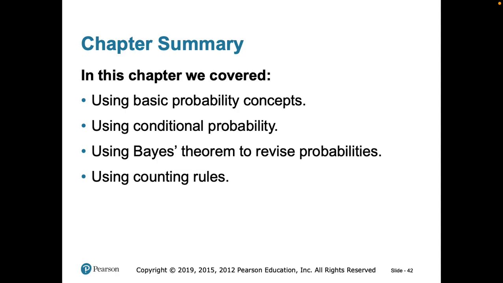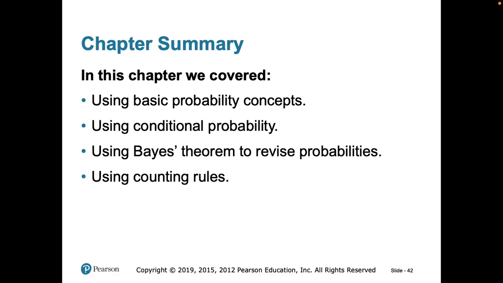All right, guys, I know this was a lot. Please go over the textbook. I hope this presentation helped you put this into perspective. If you still have questions, let me know. It's very important that you understand this, because again, this is going to be the backbone of everything that we're going to be doing. So we covered basic probability concepts.